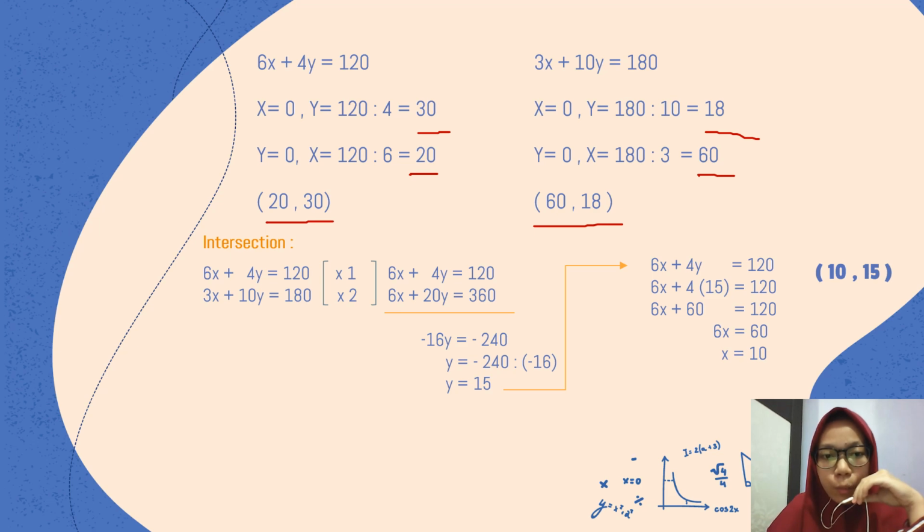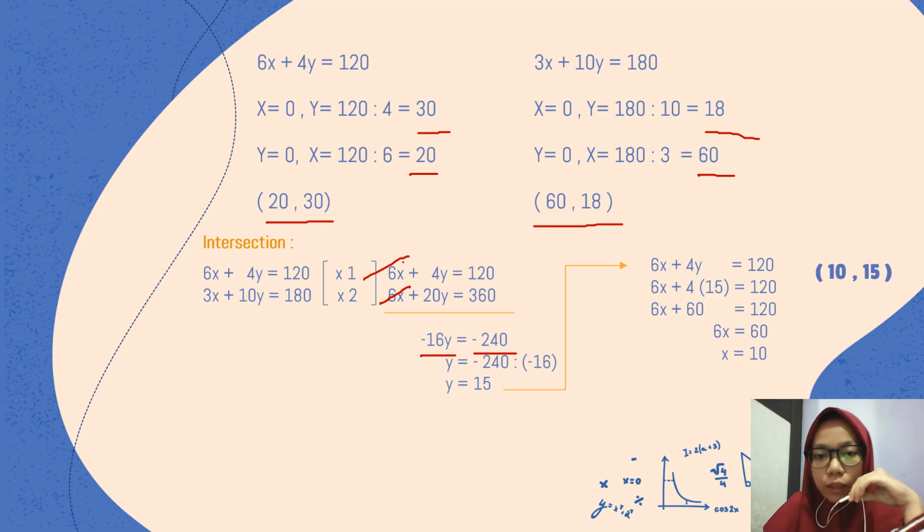To find the intersection point, we must eliminate between the first equation and the second equation. The first equation we multiply by 1 and the second equation we multiply by 2. 6x plus 4y is equal to 120. 6x plus 20y is equal to 360. 6x minus 6x is 0, and then 4y minus 20y, the result is minus 16y. 120 minus 360, the result is minus 240.